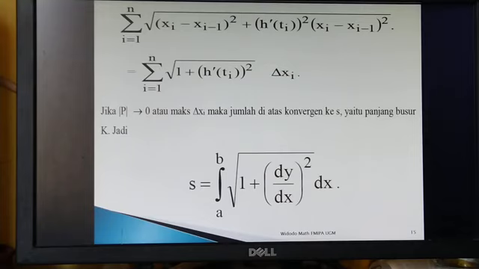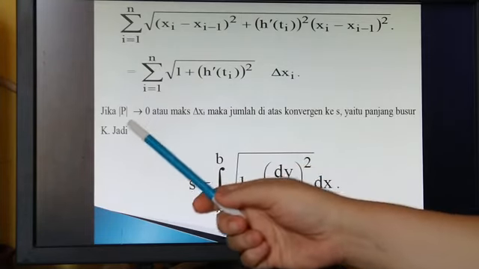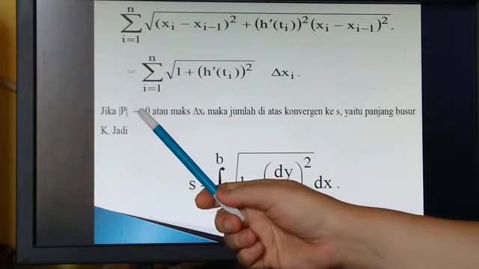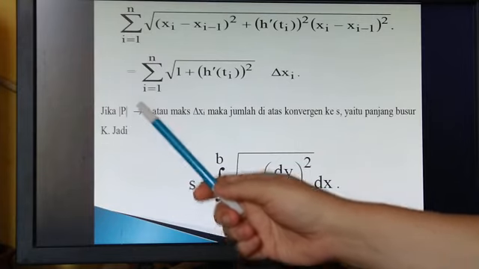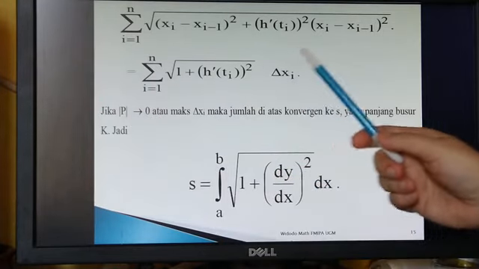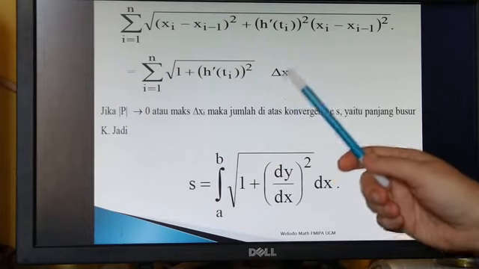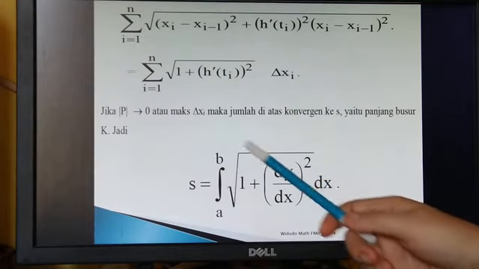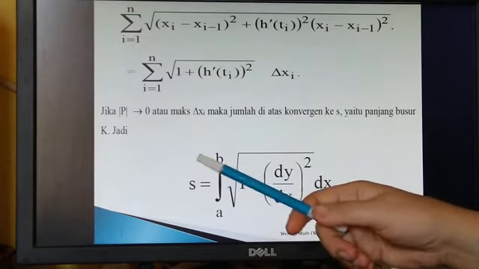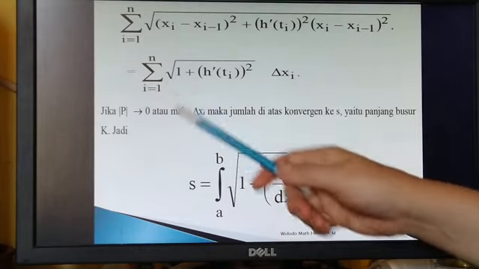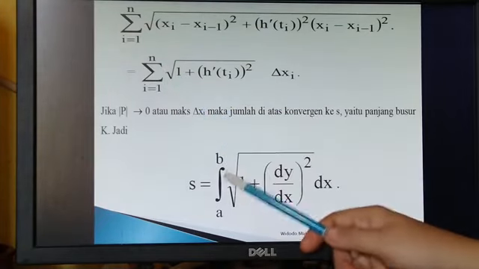From the definition of the definite integral, if we take the norm of P tend to 0, where the norm of P is actually the maximum of delta xi from i equal to 1 to n, then the sigma becomes the integral.